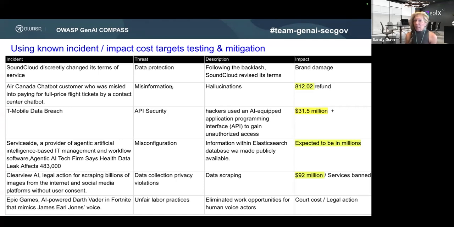Just recently announced, there was ServiceAid, which is a provider of agentic artificial intelligence, IT management, and workflow. This was relatively new, but almost 500,000 records were breached, and the cost is expected to be in the millions. Clearview AI, specifically, they were doing data scraping. So 92 million and their services were banned.